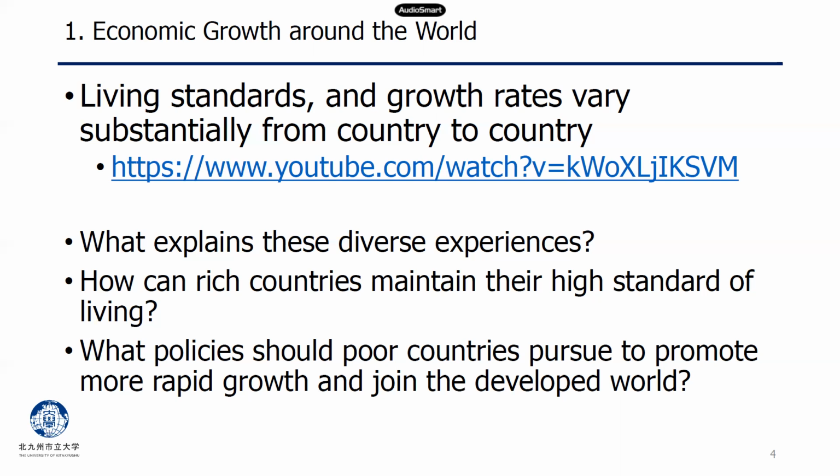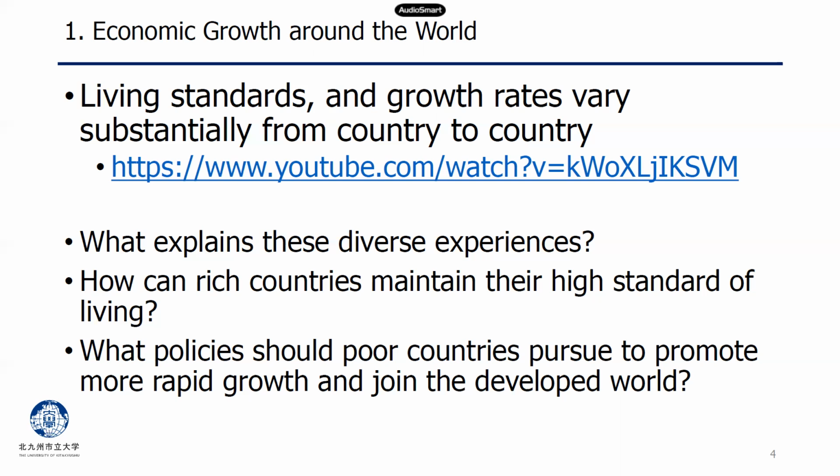That's a difficult question too. And what policies should poor countries do to promote more rapid growth and then become a developed country? Many people want to know the answer for this question, the third question, right?